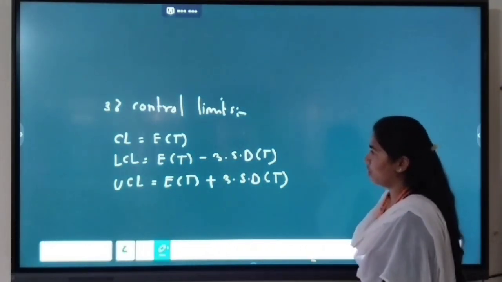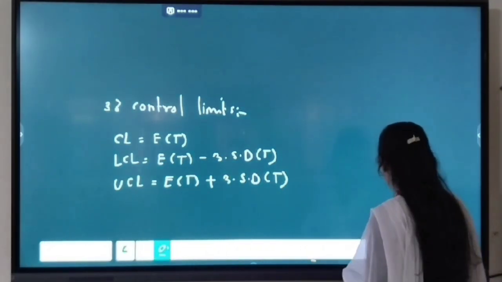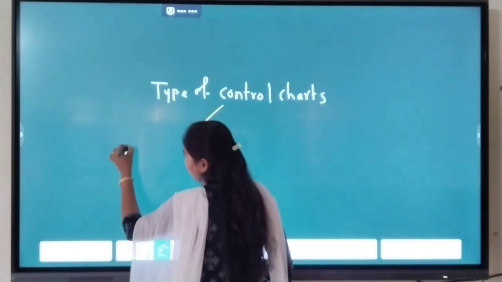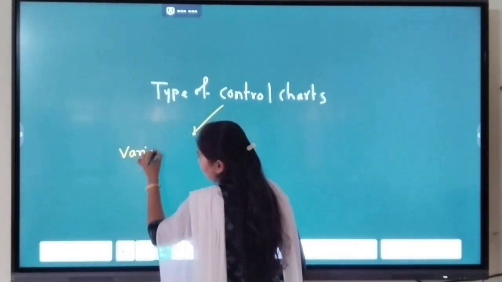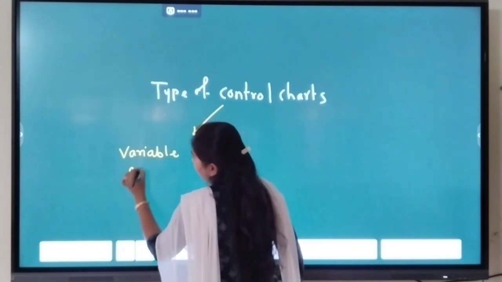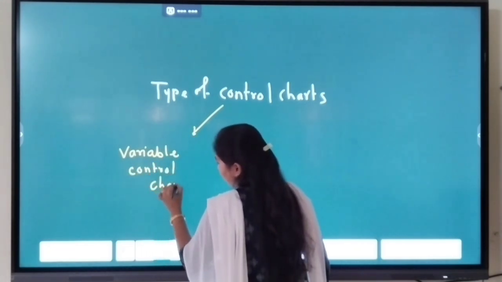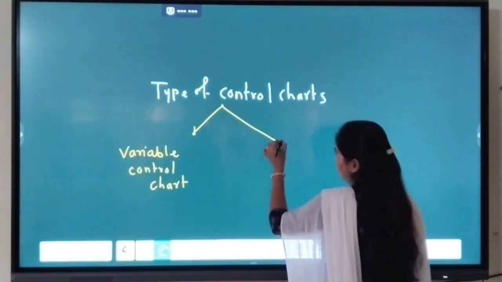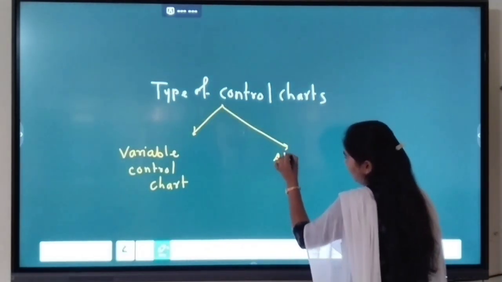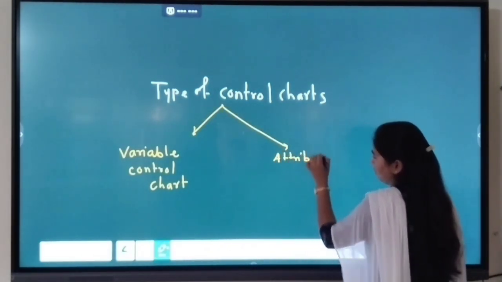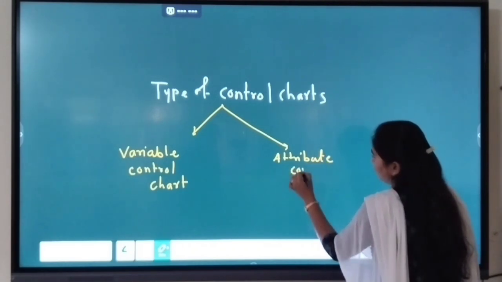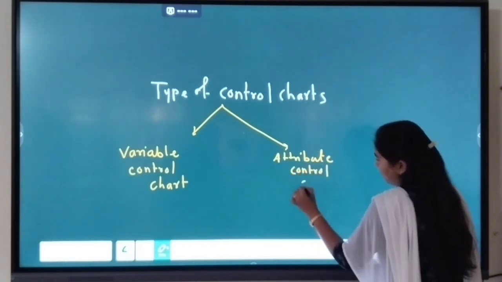Then we go for type of control charts. First one is variable control chart and next one is attribute control chart.